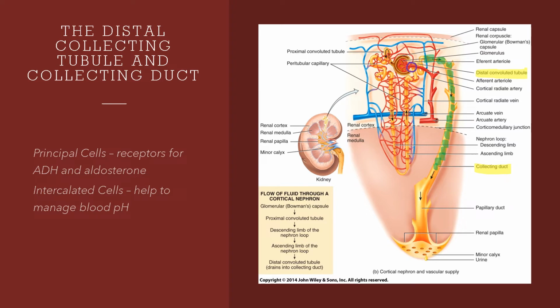Now, most cells that we're going to see here are going to be principal cells, and principal cells have receptors for both antidiuretic hormone and for aldosterone. Now, these are two hormones that regulate the functions of principal cells. Now, there's a smaller number of intercalated cells, and these play a role in the homeostasis of blood pH.